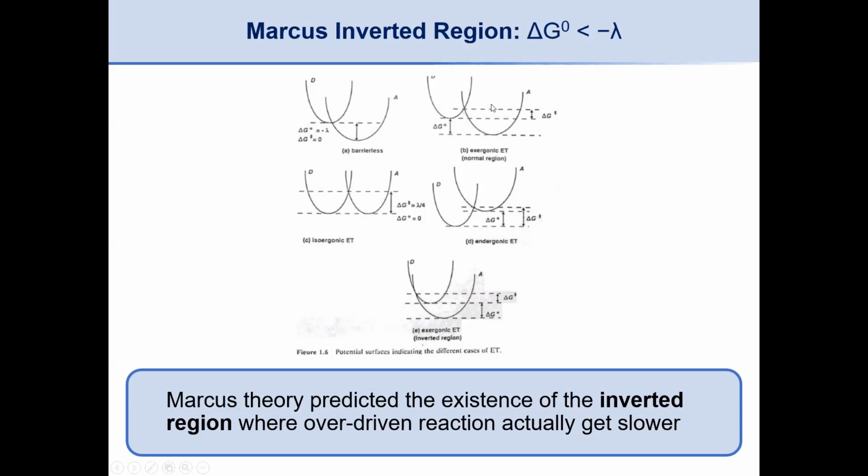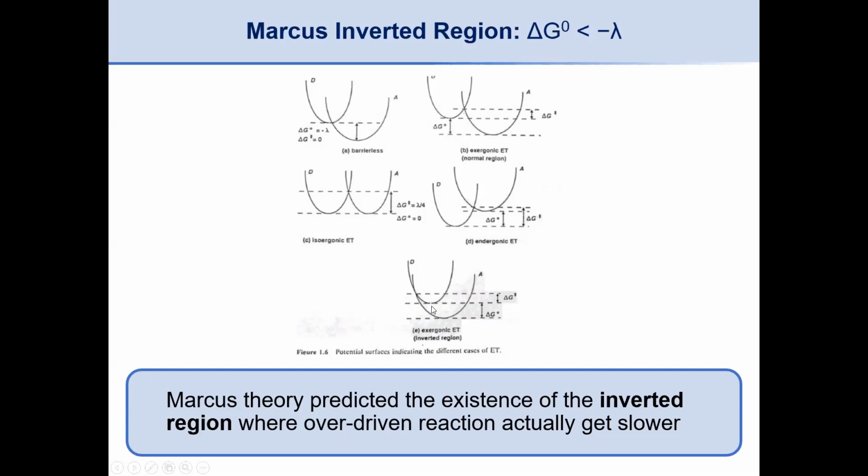If we continue to lower our delta G naught value beyond minus lambda, instead of just staying at 0 delta G double dagger, which is what we would expect, we actually start increasing delta G double dagger again.